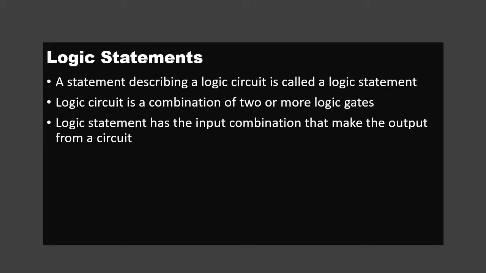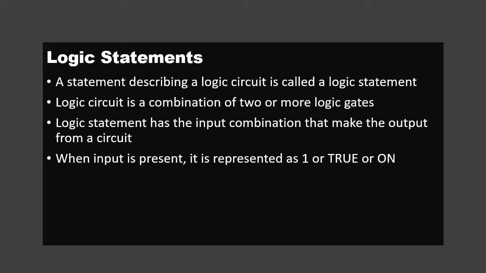Now, the third point is that a logic statement has the input combination that makes the output from a circuit. We'll look at examples so that you get thorough with this point. We previously discussed the input being present considered as a true value. For the input to be true, we consider the value as 1.